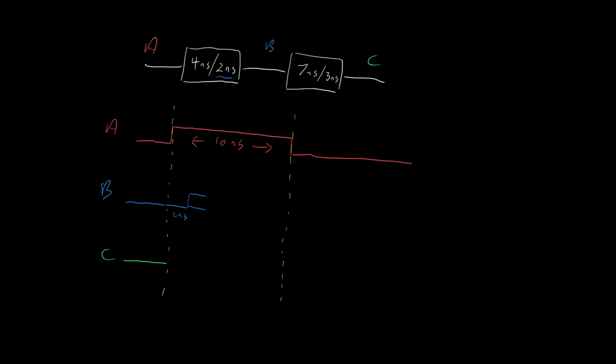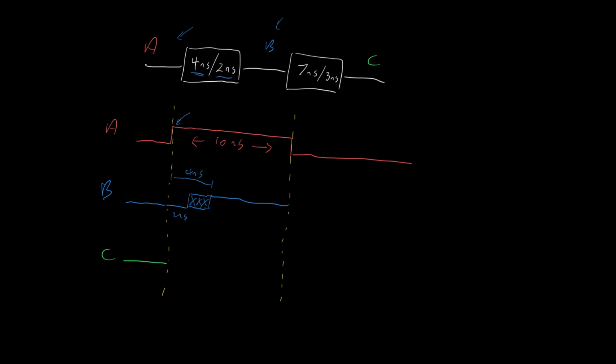What we do know is that 4 nanoseconds after the input has attained its new valid input, the output's going to be correct. The input A becomes valid again just after the yellow dotted line. So 4 nanoseconds after that, the output B is going to be valid. So therefore this period here lasts for 2 nanoseconds, making the time from here to here exactly 4 nanoseconds, after which the output B is going to be valid.